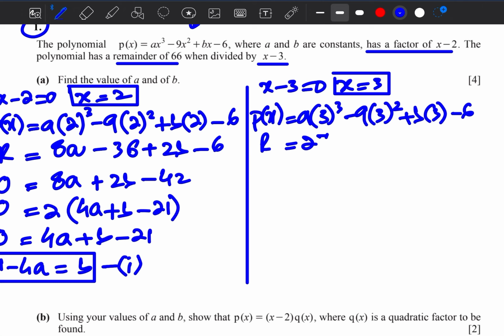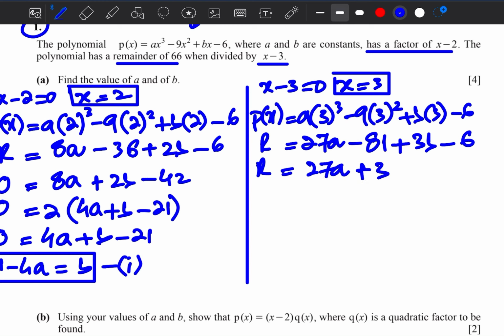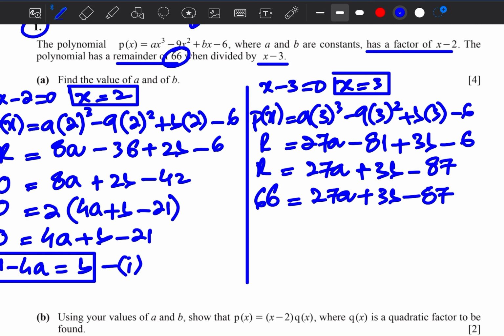So I'm going to have 27a, 3 nines are 27, 9 nines are 81, 3 into b is 3b, then minus 6. I have the remainder as 27a plus 3b minus 87. Since when you put x equal to 3 you got the remainder 66, I'm going to equate this remainder with 66. So 66 equals 27a plus 3b minus 87.